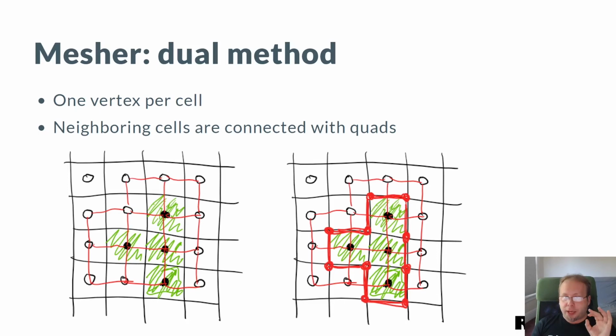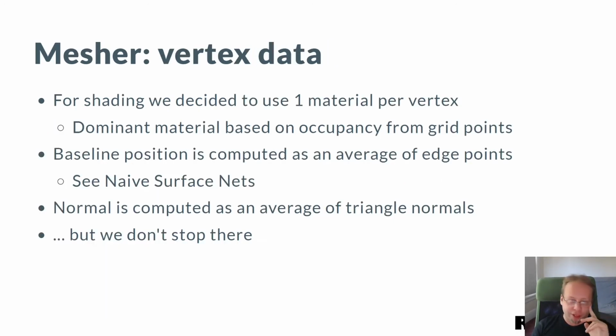And then you can look at every cell, and every cell has a few edges that have these mismatching colors, and then you can take all of the edge points and average all of them together. So this is what naive surface nets does, and this is what we started with. And then to compute the normals, we just average triangle normals. So this is very easy, very simple, gives you similar results to isosurface extraction from signed distance fields.